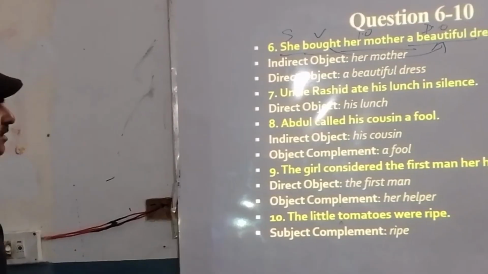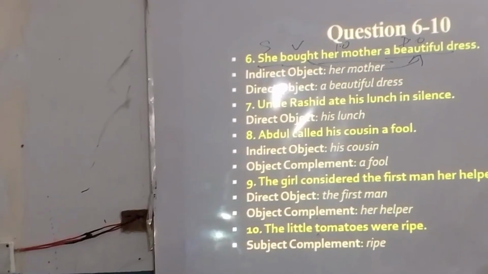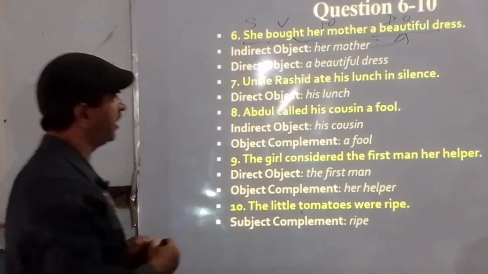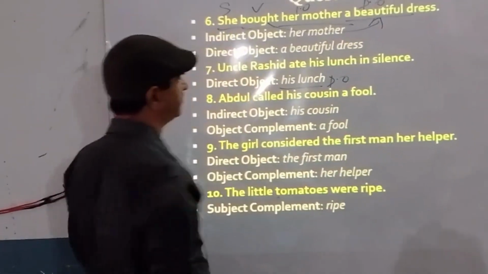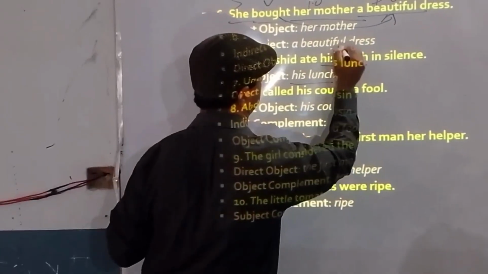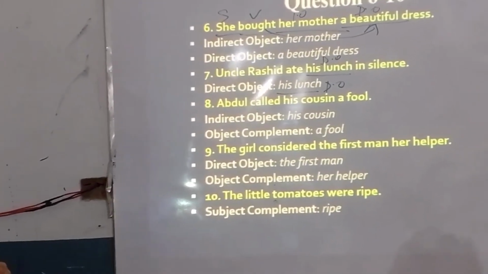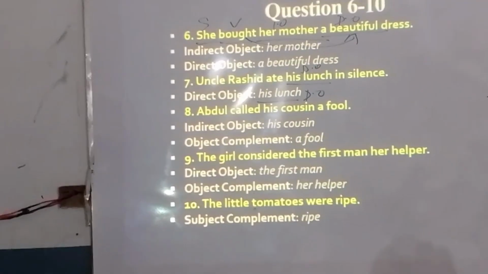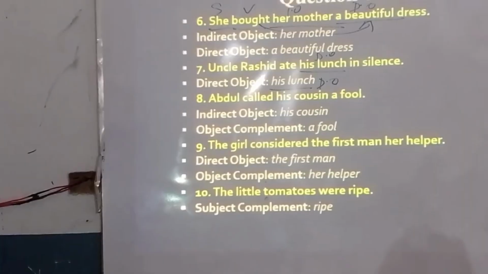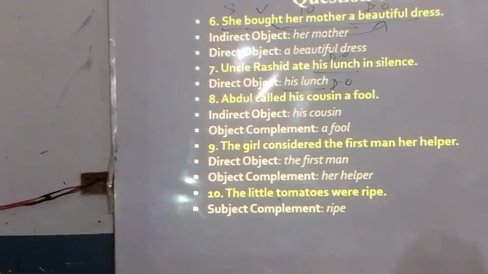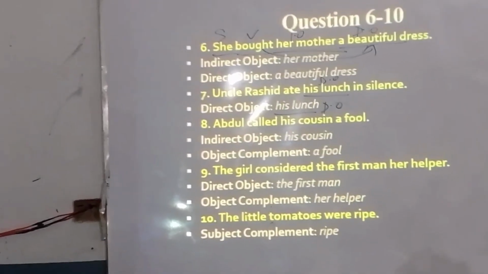Next one. Uncle Rashid ate his lunch in silence. Now he says his lunch is direct object. Why is it a direct object? What is the first form of ate?